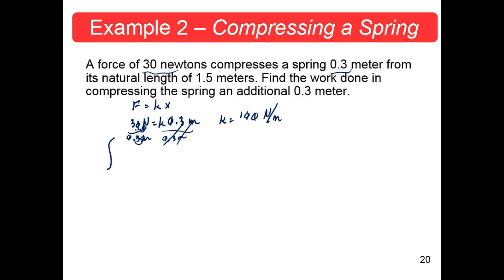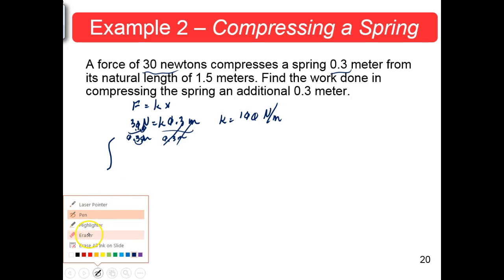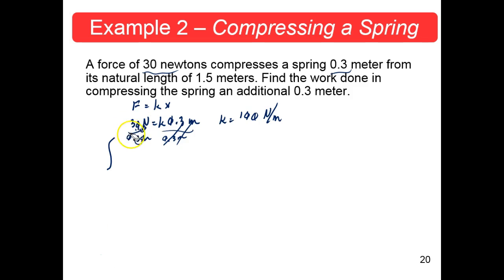Now, the length of 1.5 meters. It says find the work done in compressing the spring an additional 0.3 meters. Now there's where the verbiage gets almost tricky, though it's okay.